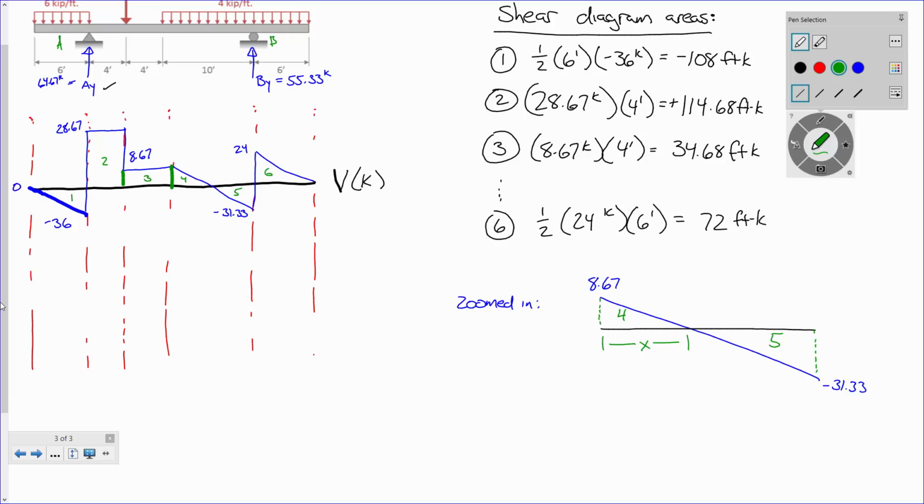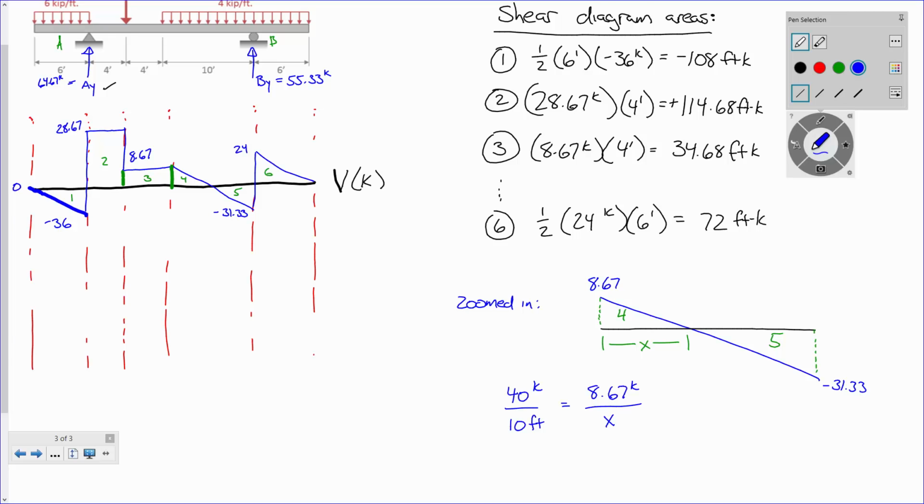So this is basically a glorified slope ratio. 40 kips over 10 feet equals 8.67 kips over x feet. I think if it was 20 and negative 20, it'd be halfway through, right? Make sense? So this is just a glorified slope ratio.